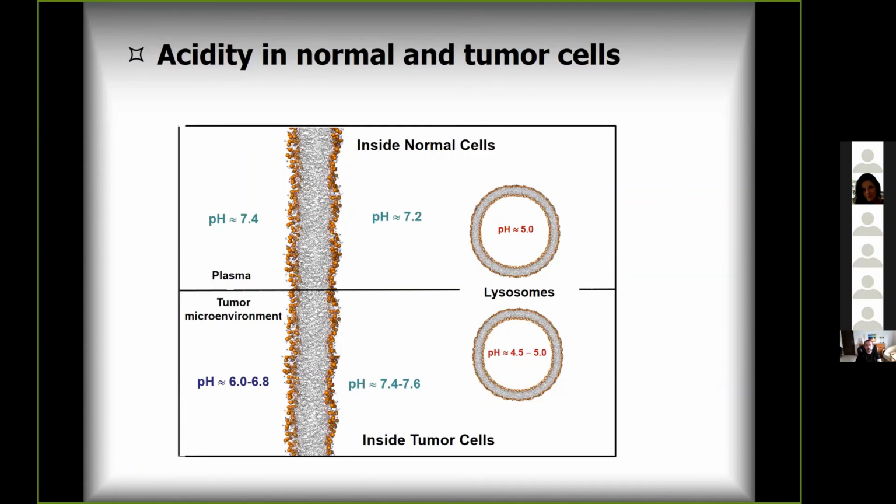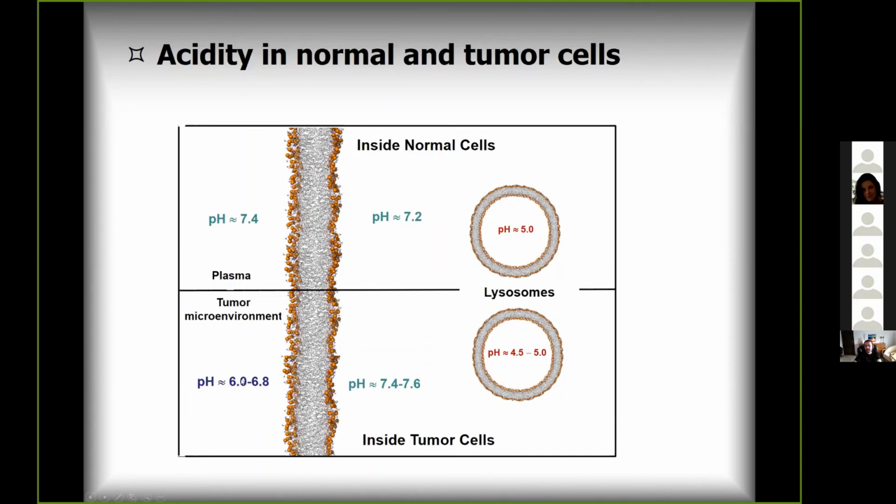Okay, so now that you grasp the idea of this tumor-induced acidity, this slide is just for you to introduce another concept. In a normal cell, the pH is around 7.4 on the outside, and in the tumor microenvironment, let's call it somewhere between 6 and 6.8.